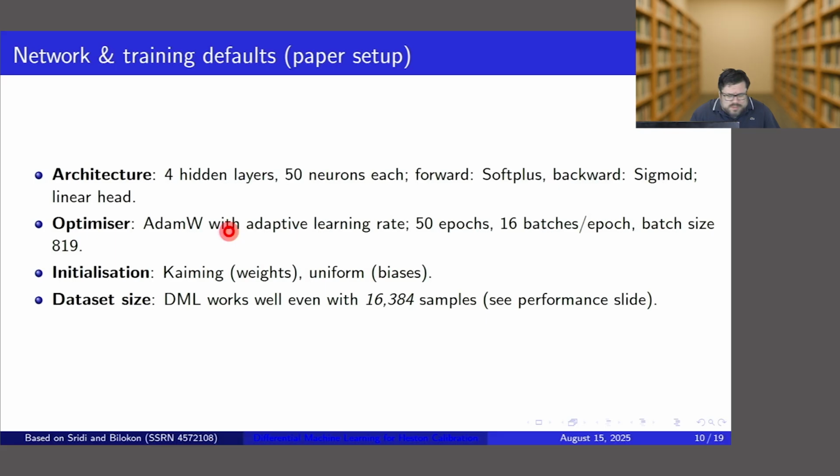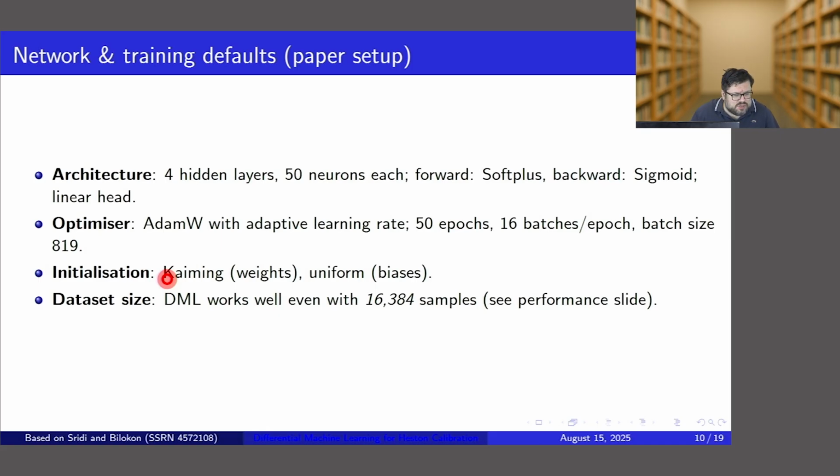regularizer. And then we have the training regime: 50 epochs, 16 batches per epoch, and a batch size of 819. Initialization: He initialization (Kaiming) for weights, and uniform for biases, and that worked stably.